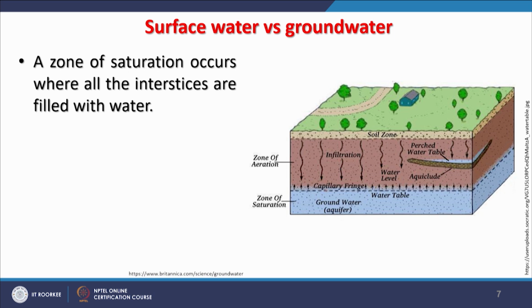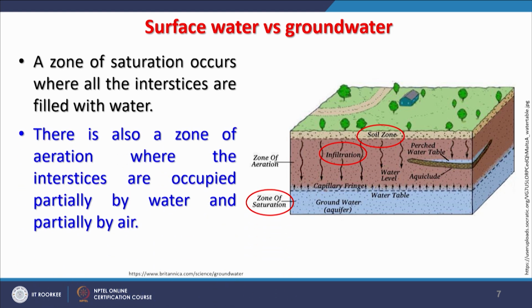So, as we know, the zone of saturation occurs when all the interstices are filled with water, and then it becomes a completely saturated part, and there is also a zone of aeration. Aeration means that when air is there, when it is not fully occupied by water but partly by water and partly by air, that part is called unsaturated zone or zone of aeration.